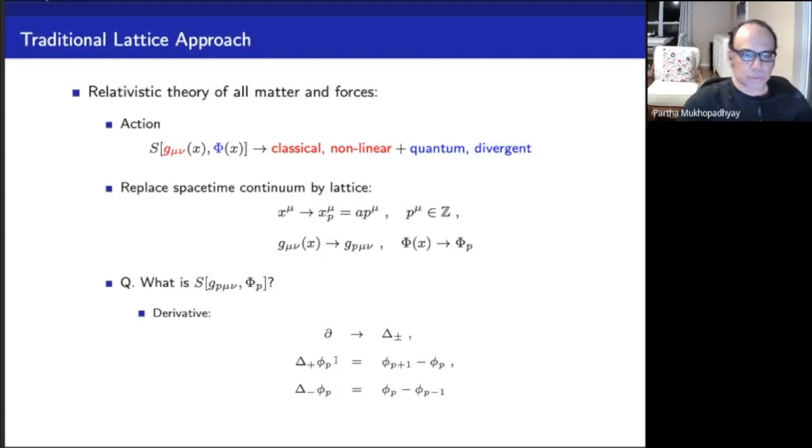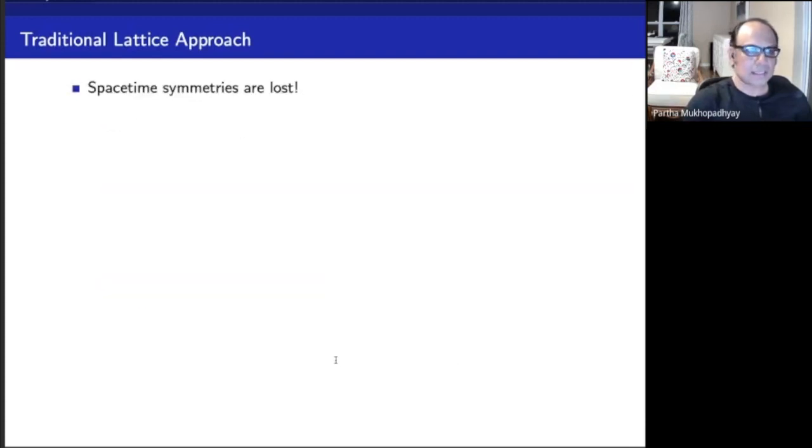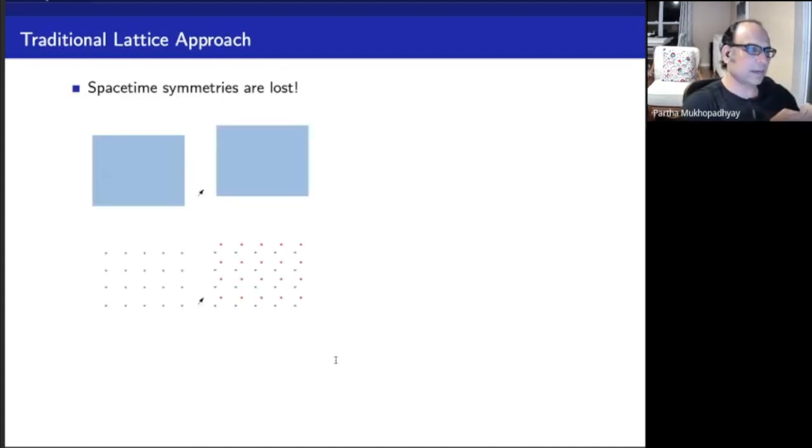This is what is usually done, and by doing so, the space-time symmetries that we talked about earlier, which I said are very important, are lost. The reason is, I tried to draw some cartoon pictures to explain the idea. Here you have a continuum.